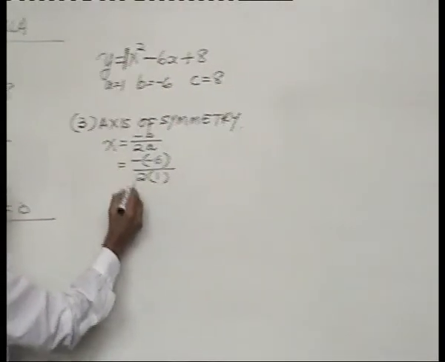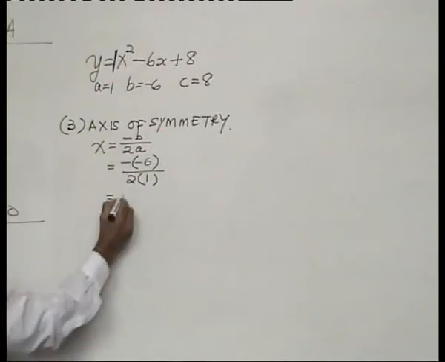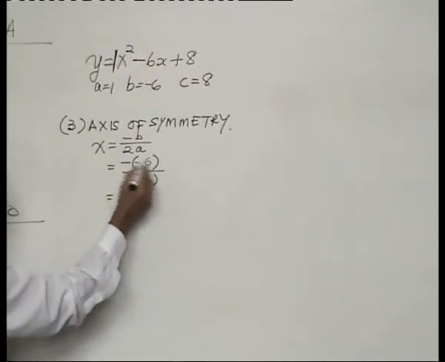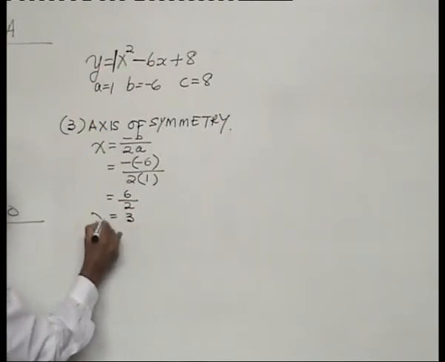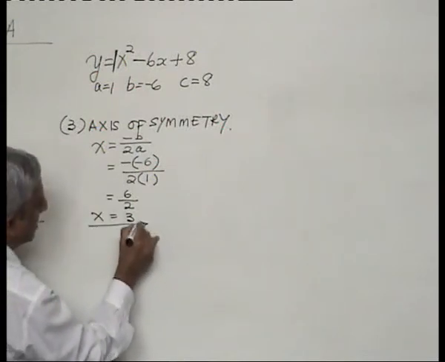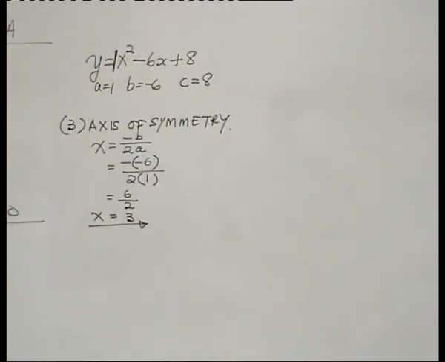And then you can do the numerator first, you get 6. Use your calculator to help you. Then do the denominator 2. So you have ended up with axis of symmetry, x is equal to 3. So we have finished 3 steps. And now we come to the next step, step number 4.